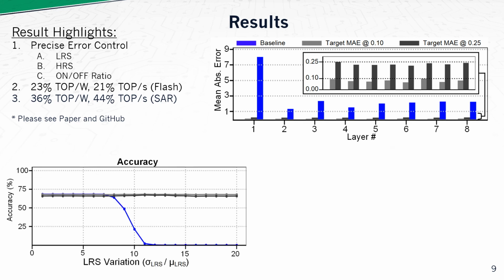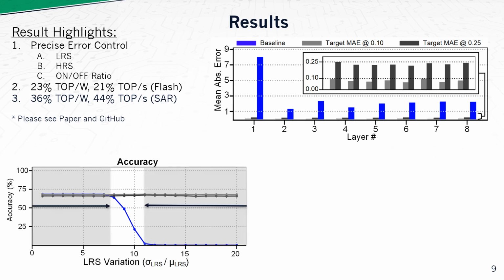The next research highlight is performance optimization while satisfying our error constraints. We sweep from 1% to 20% LRS variation and fix HRS variation at 40%. Next, we observe the classification accuracy on ImageNet and performance of each design. In the bottom left figure, we show classification accuracy for the 3 designs.